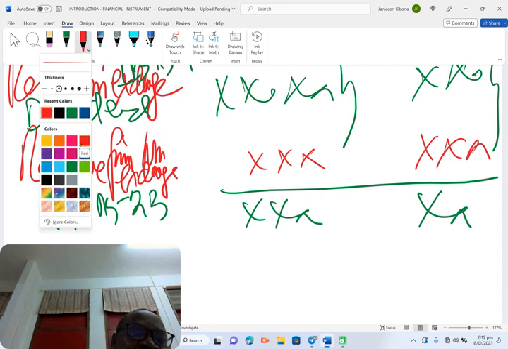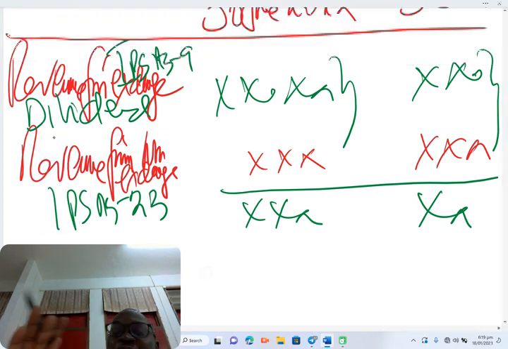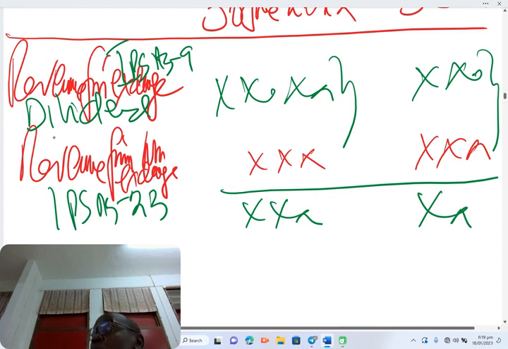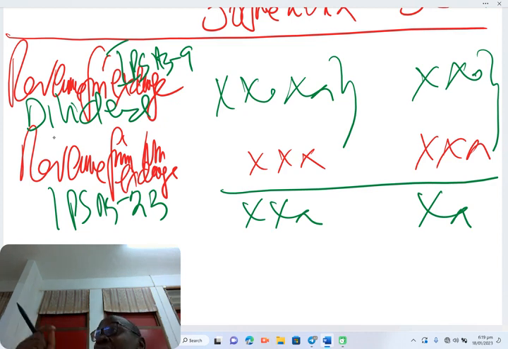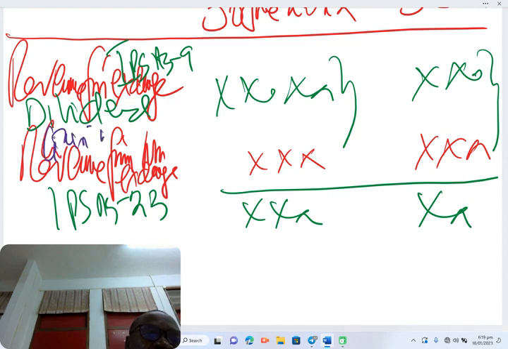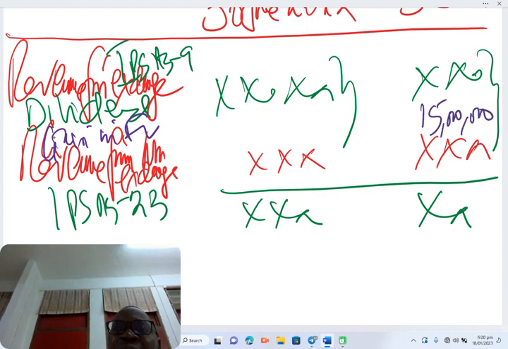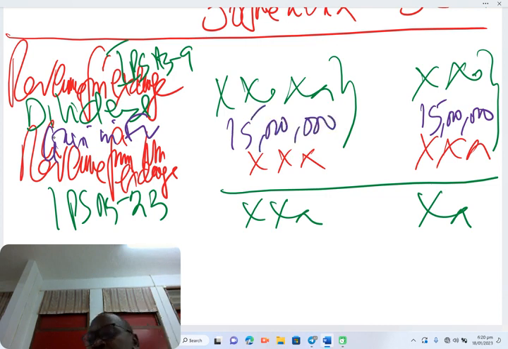So I will put a demarcation. That's why, if you read the financial statements of the Treasurer, there is a gain in fair value of equity investment. So we have 15 million here, and also 15 million here.